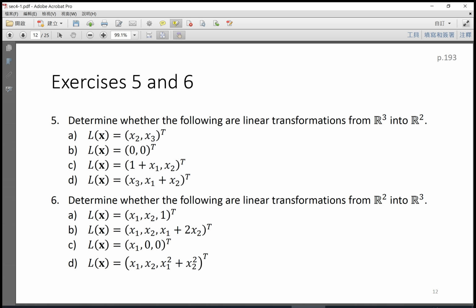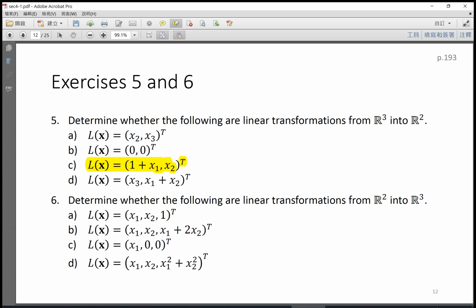Next, consider case C. L of x is defined as (1 plus x1, x2) transpose. For this case, we know that L of 0 equals (1 plus 0, 0). So the output is (1, 0) transpose.